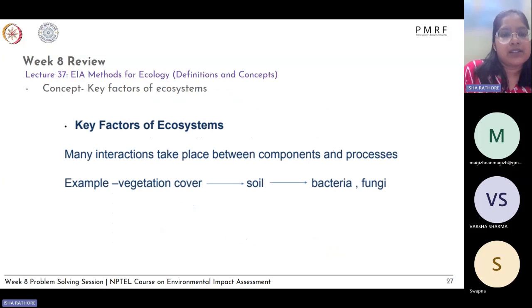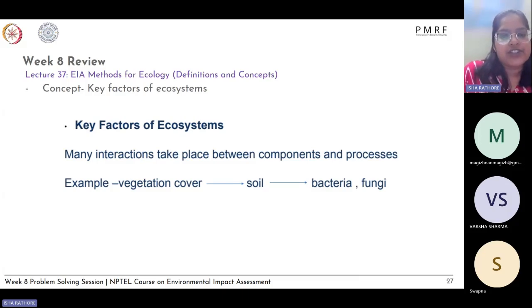Then we also looked at the key factors of an ecosystem. There are many interactions that take place between the components and processes. If you remember, you would have studied the food cycle and food chain in your biology lessons. So you realize that all of these different components are dependent. The population of the species, how they are spread out, and that intricate balance is maintained because of the different linkages and interactions which different components and processes have.